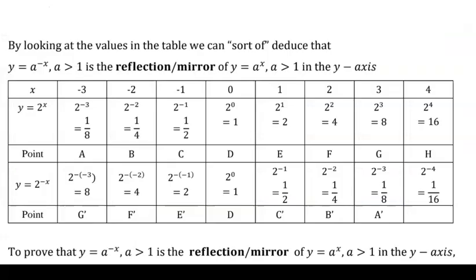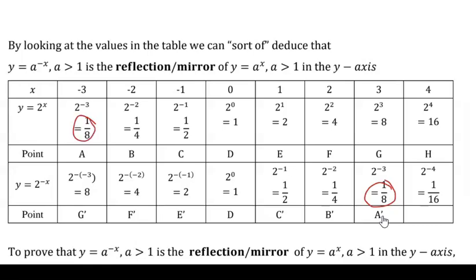On this table, I've just used the previous two tables and I've joined them to show you the relationship between 2 to the x and 2 to the minus x, or the relationship between a to the minus x and a to the x. If you look at the point A there, I've labeled this point here A prime because I get the same y value here as I had for minus 3.